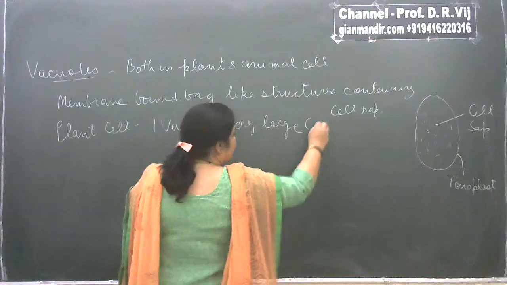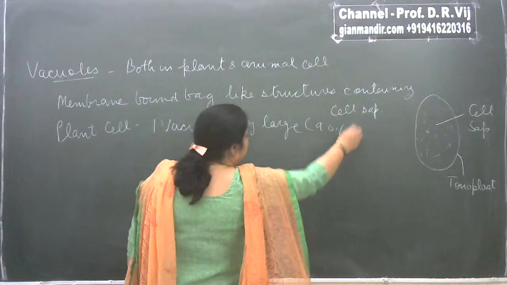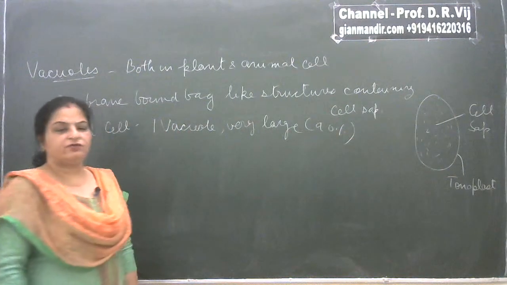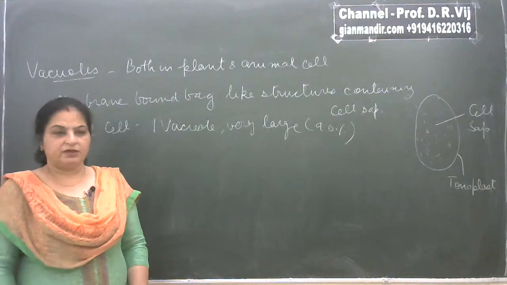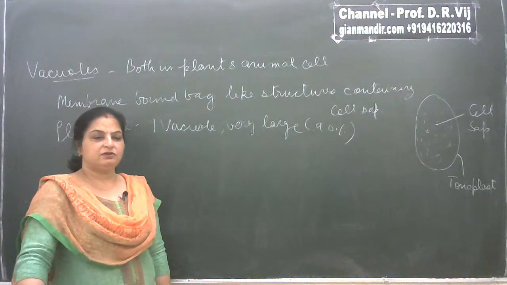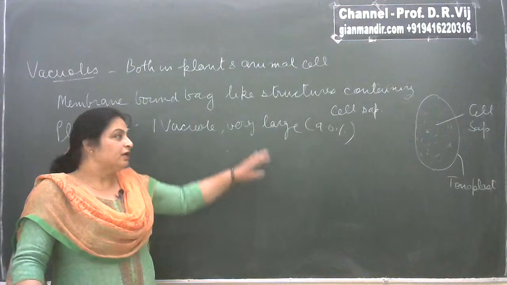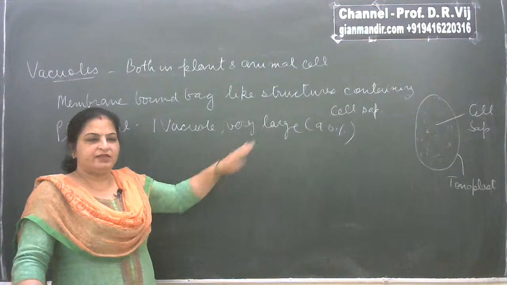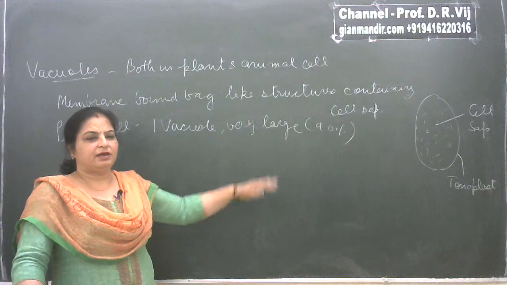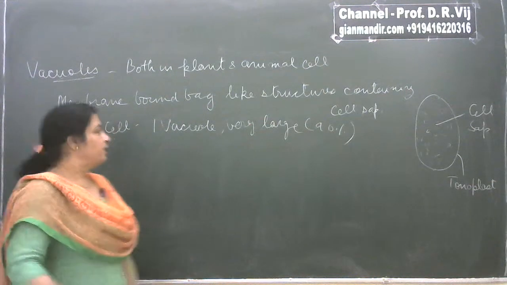You can say it is so large in size that it can occupy almost 90% of the space of the plant cell. That's why in plant cells you have seen that the nucleus is near the periphery, due to the presence of a large vacuole that pushes all other cell organelles towards the periphery.